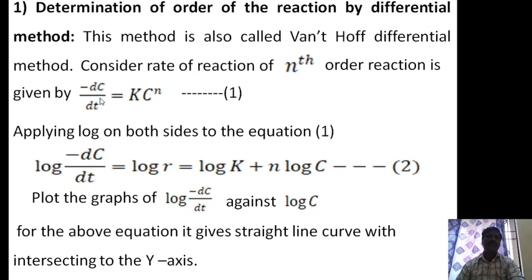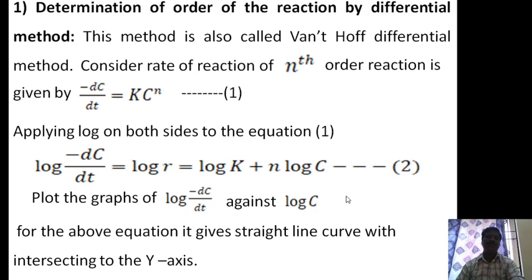Therefore, by applying the logarithmic property to this equation, we can write: log of minus dc divided by dt, that is, the change in concentration in time dt, is nothing but the rate r. So log r is equal to log k plus n into log c, where k is the rate constant, n is the order of the reaction, and c is the concentration.